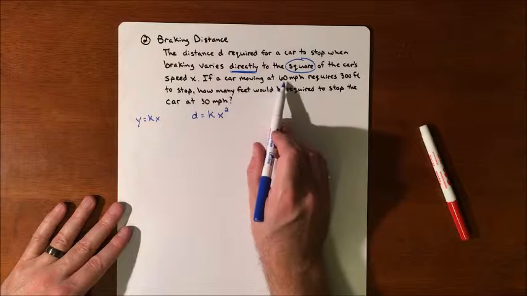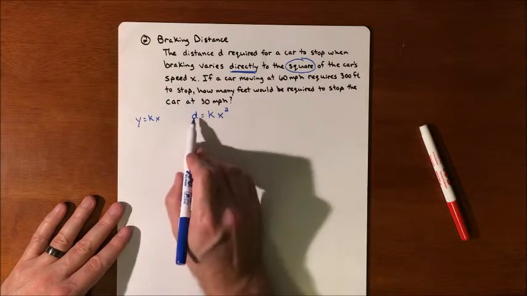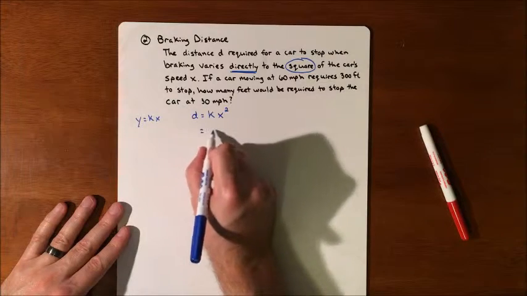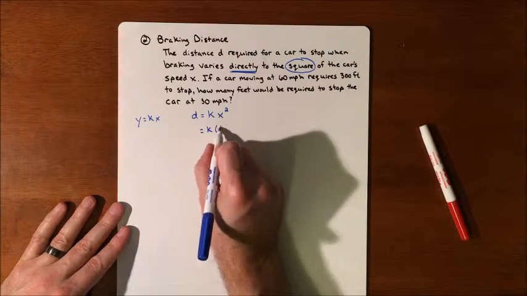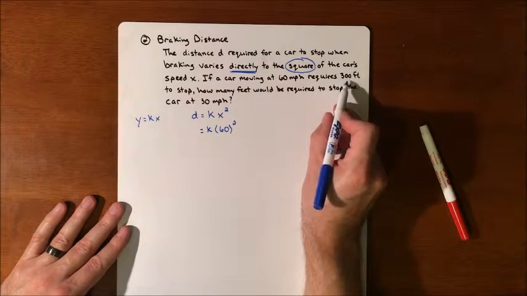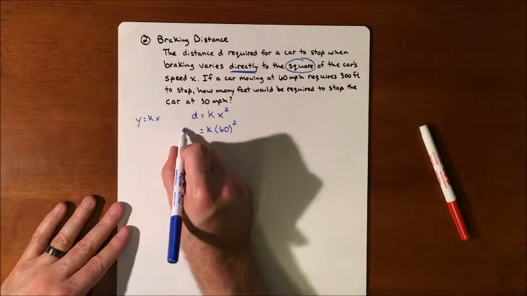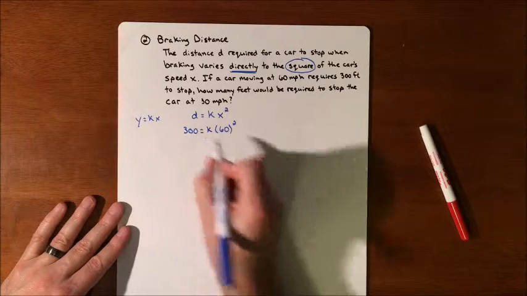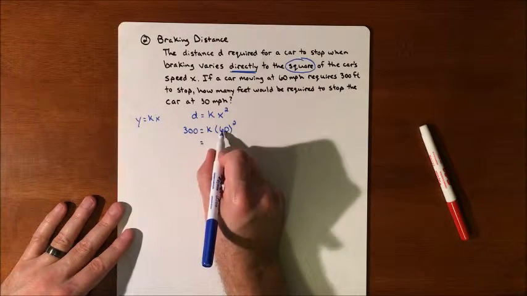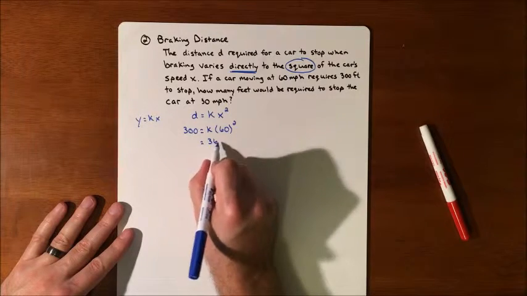So if a car is moving at 60 miles per hour, so that is not our distance, that's going to be our speed. So we have k times 60 miles per hour squared requires 300 feet to stop. That is our distance. All right, so we will try and solve for k. So 60 squared is 3,600.